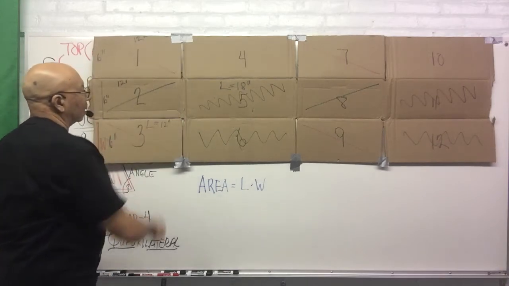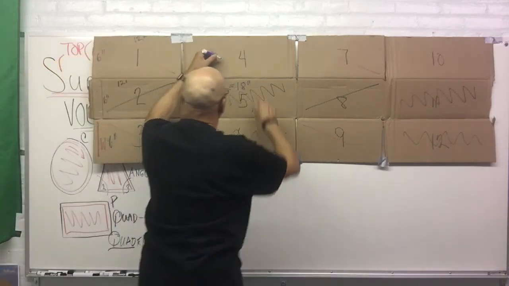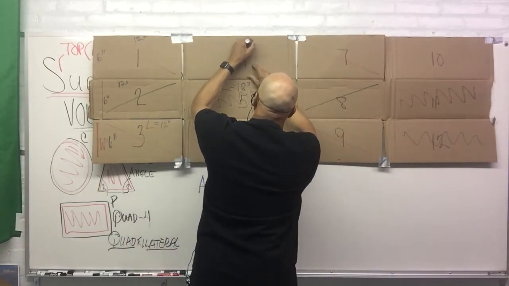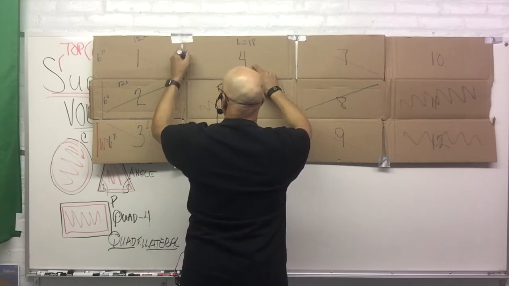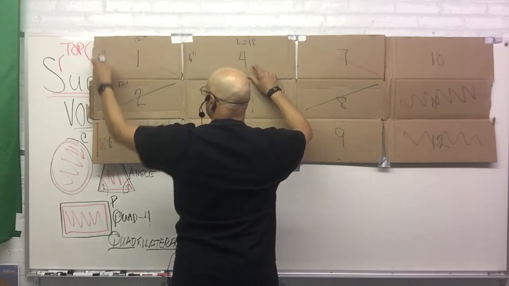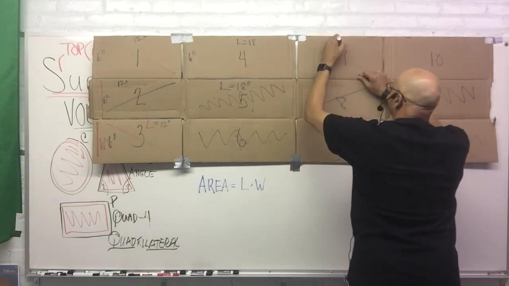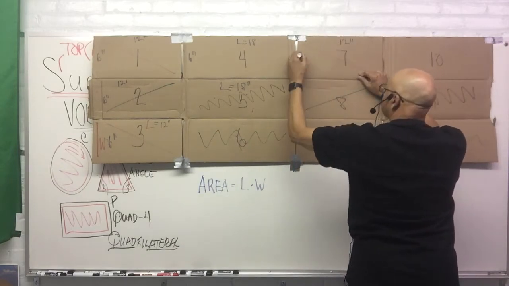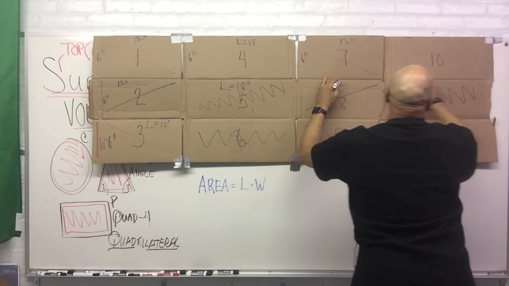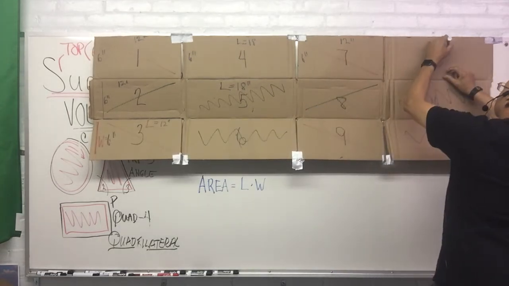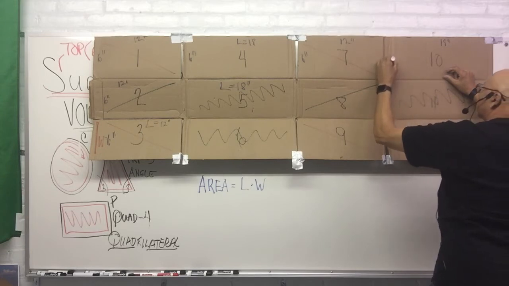But that's okay. This is 18 inches. The length is 18. The width is still 6 because it's the same as this. This is going to be 12 inches, 6 inches. This is going to be 18 inches and 6 inches.